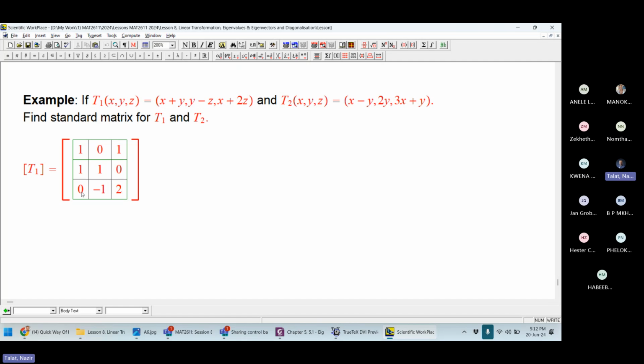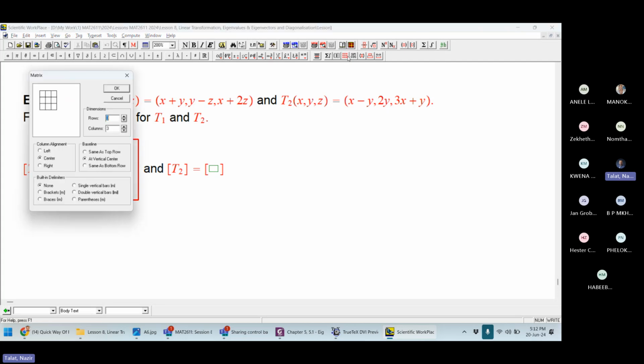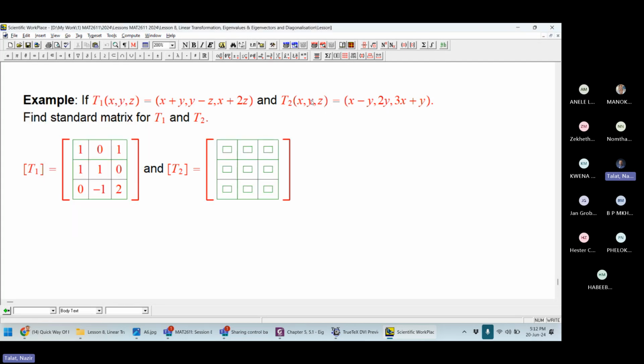So this is the standard matrix of T1. And now to find the standard matrix of T2 from the second one, here again we need to obtain its result by applying this operator. So if you put E1, which is 100, then it will be 1, 0, 3, the first row.